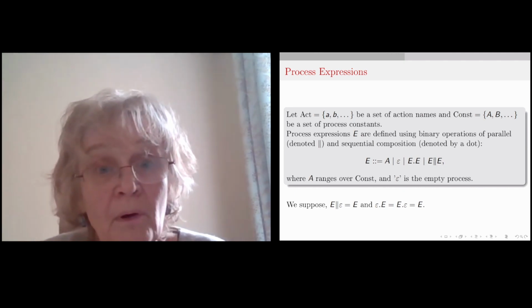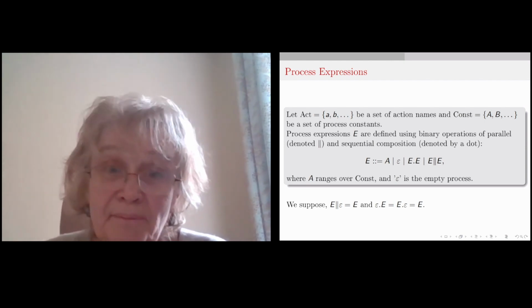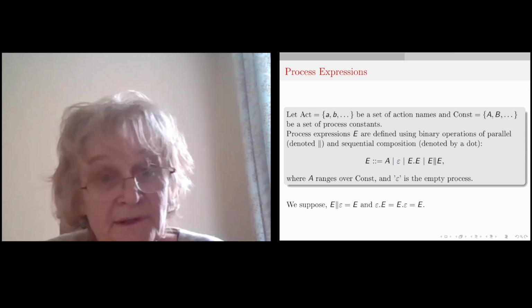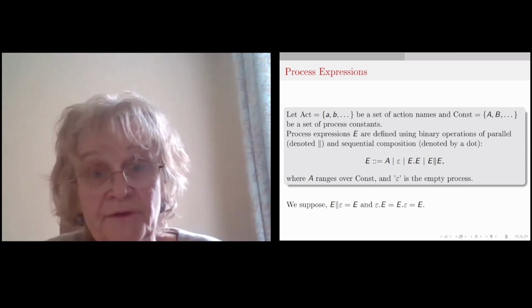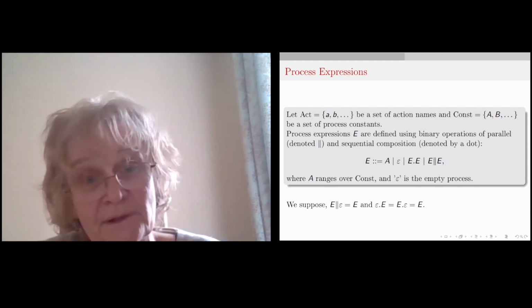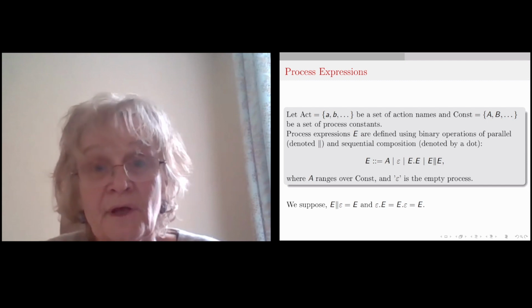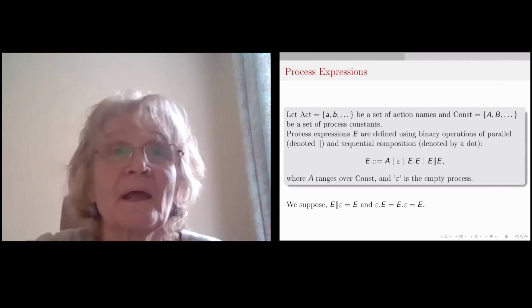One more way is an algebraic approach: to describe these processes like algebraic expressions, and then to have rules which define transitions. It is like term rewrite systems, actually.